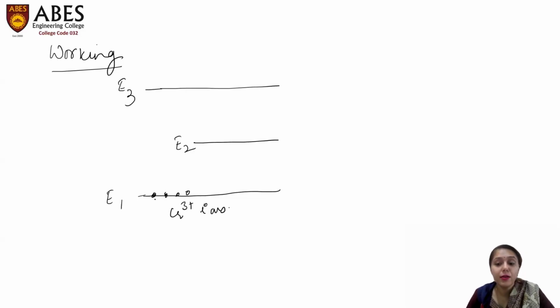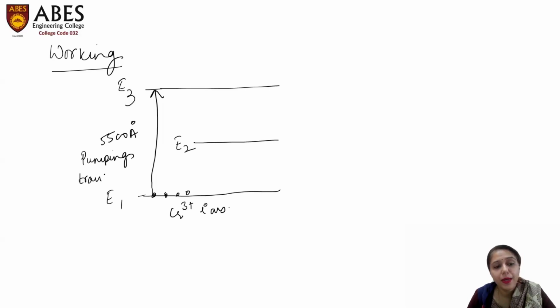When the photons from the helical xenon flash lamp are incident on these chromium ions, the ions are pumped up. This happens through the xenon flash lamp, which has a wavelength of almost 5500 angstrom. We can say this is a pumping transition, or the optical pumping.